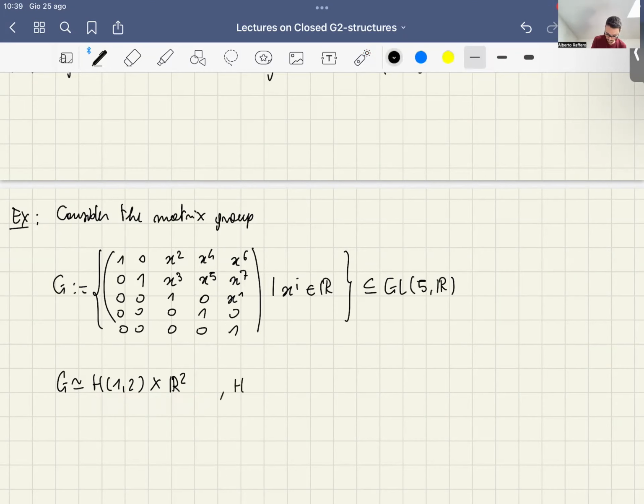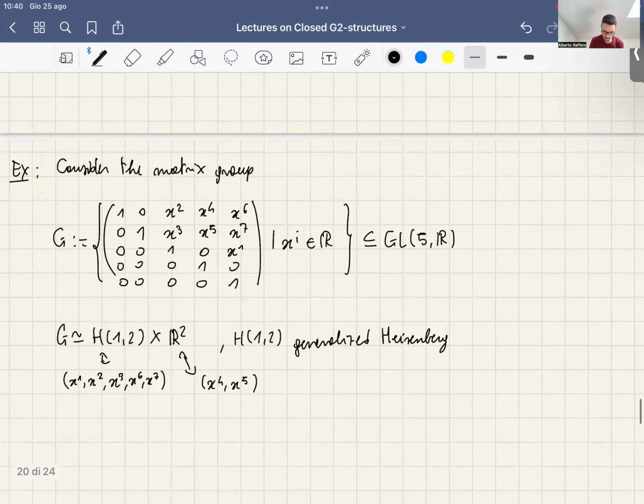So this is the generalized Heisenberg-Lie group. And in particular, the coordinates we are using here with respect to this isomorphism detect the components of the Heisenberg group for indices 1, 2, 3, 6, and 7, while this abelian factor here is determined by the coordinates x4 and x5.